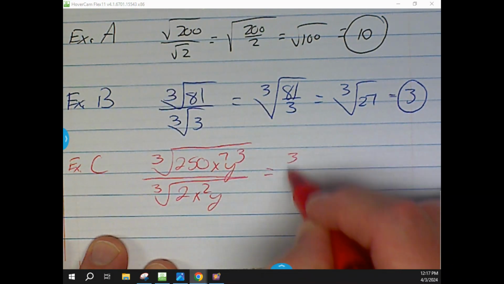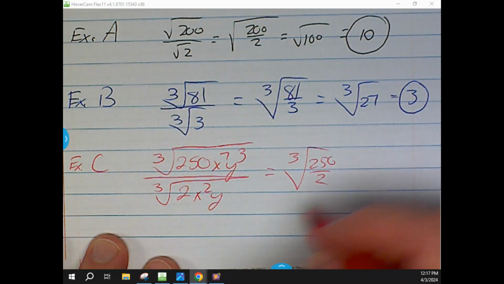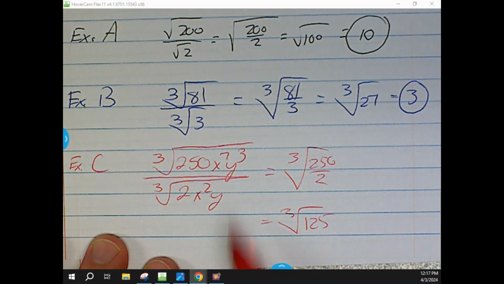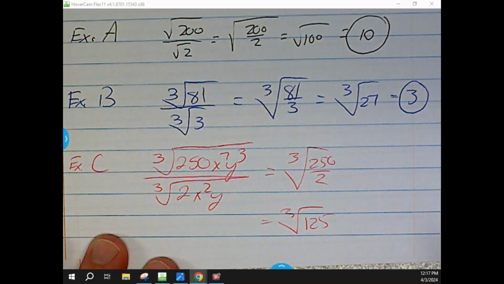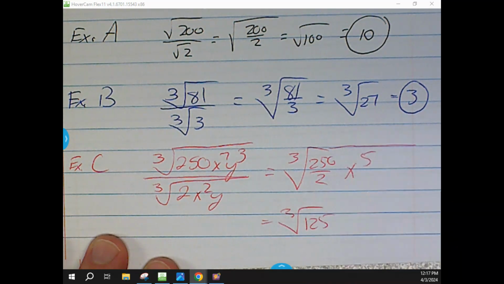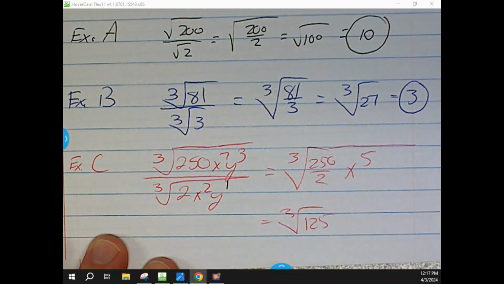So you've got the third root of 250 divided by 2, which would be third root of 125. And then for the x's, this is where we're going to do 7 minus 2 to make that x to the 5th. And then for the y's, just have to remember that there is technically a 1 there. So then it's 3 minus 1 to make it y squared. So we're going to take 250 divided by 2 to get 125. We've got x to the 5th and y to the 2nd.